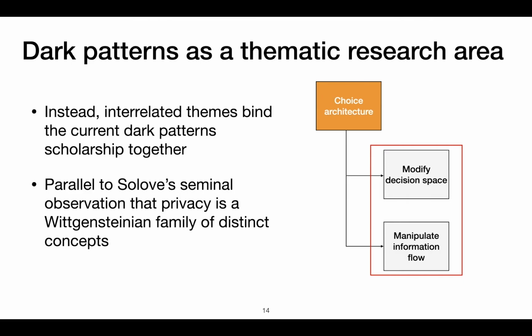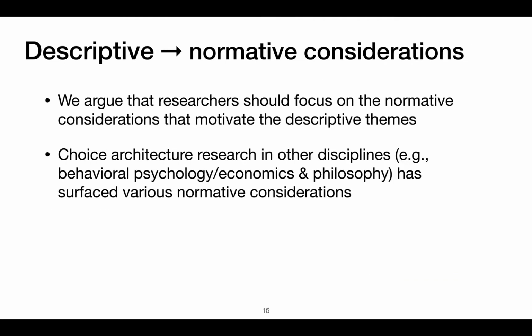Instead, it is a family of related but distinct concepts. We argue that rather than focusing on a single definition, we as a community should focus on the normative considerations that motivate the underlying descriptive themes to ultimately decide when a user interface is a dark pattern. Choice architecture research in other disciplines has already done this. We do this here for the dark patterns literature.